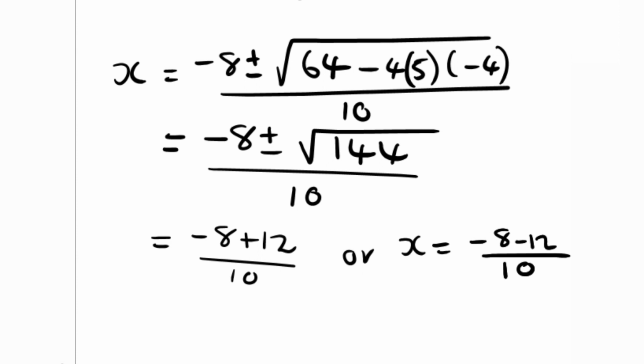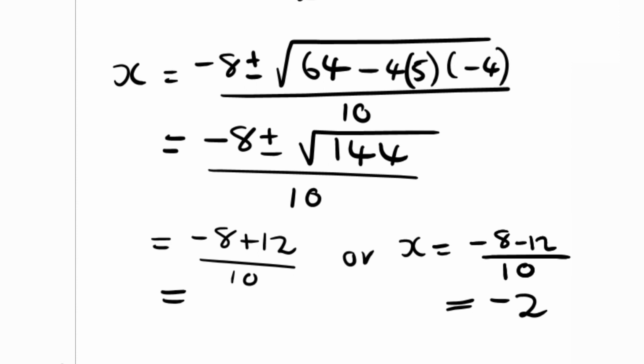And this one here is our minus 2, because minus 8 minus 12 is minus 20, divided by 10 is minus 2. Our other solution that we are looking for is minus 8 plus 12. That is 4. 4 over 10 is 2 over 5. So our other root is 2 over 5.